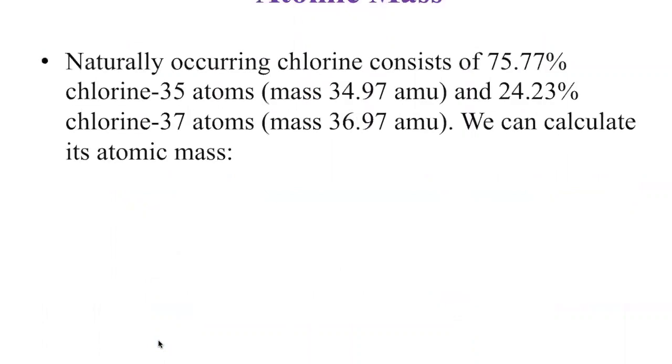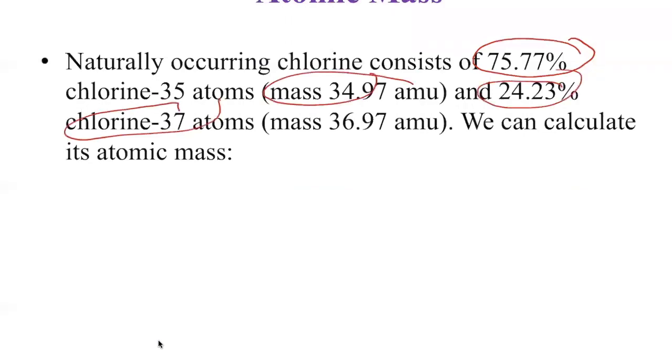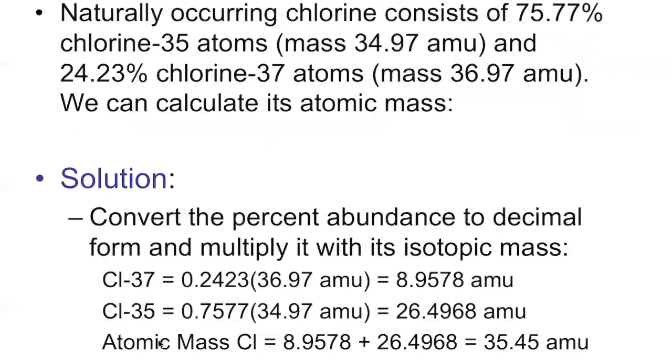Here's an example. Natural chlorine. They're giving you the abundance and they're giving you the mass. How can we calculate the atomic mass? You want to remember the formula, right? So what you're going to do is take the abundance and convert it to decimal.